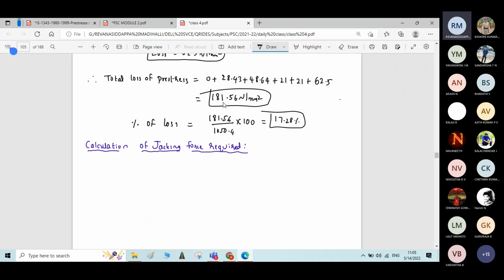Therefore, the jacking force is calculated as initial pre-stress plus total loss, into cross-sectional area of the cable.